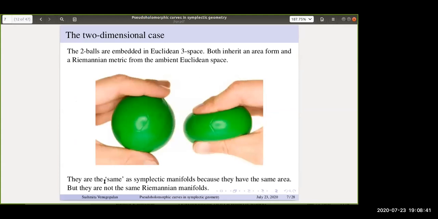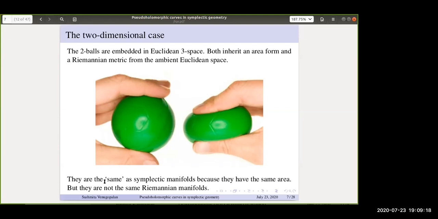This is brought out by this picture over here. This green ball, I'm thinking of it as S^2 embedded in the Euclidean 3-space R^3. Both these balls, the ordinary ball and the squished ball on the right, inherit an area form and a Riemannian metric from the ambient Euclidean space. But these two balls are the same if you think of them as symplectic manifolds.